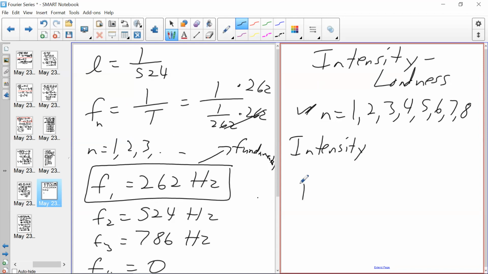If you remember from the wave mechanics chapter, energy is a function of amplitude squared, and that relates to intensity. So the number that we find here is going to be proportional to, not exactly equal to, the intensity, which is a function of the amplitude squared.